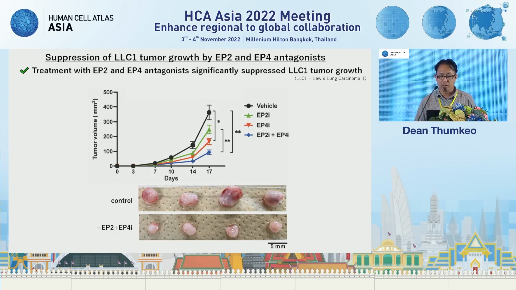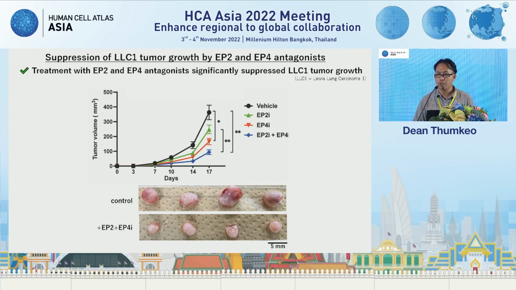So we started our project to dissect the mechanism of PGE2, EP2, EP4 signaling in cancer, particularly in cancer immunity. We started by examining the effect of EP2 and EP4 antagonists in the mouse cancer model LLC1.